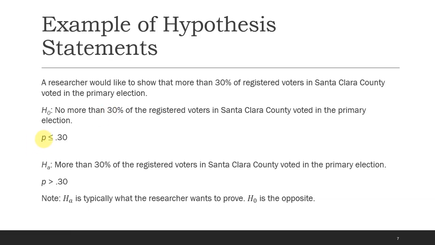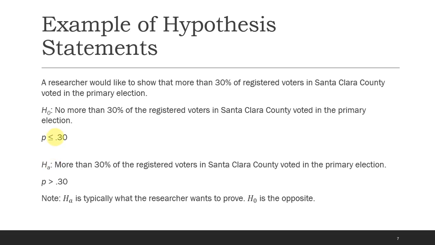So here I choose a proportion is less than or equal to 0.30. Versus the alternative, more than 30% of the registered voters in Santa Clara County voted in the primary election. Again, that aligns with what the researcher thinks is true and is trying to show.